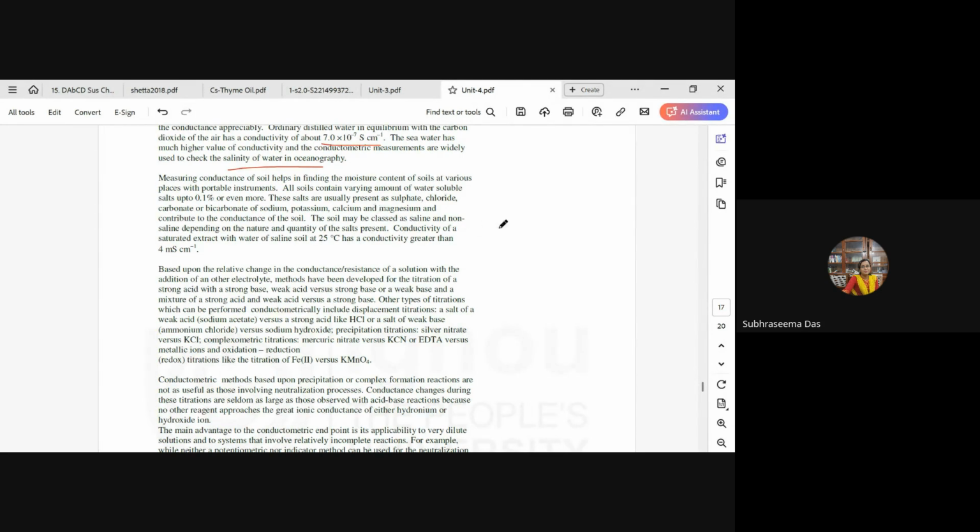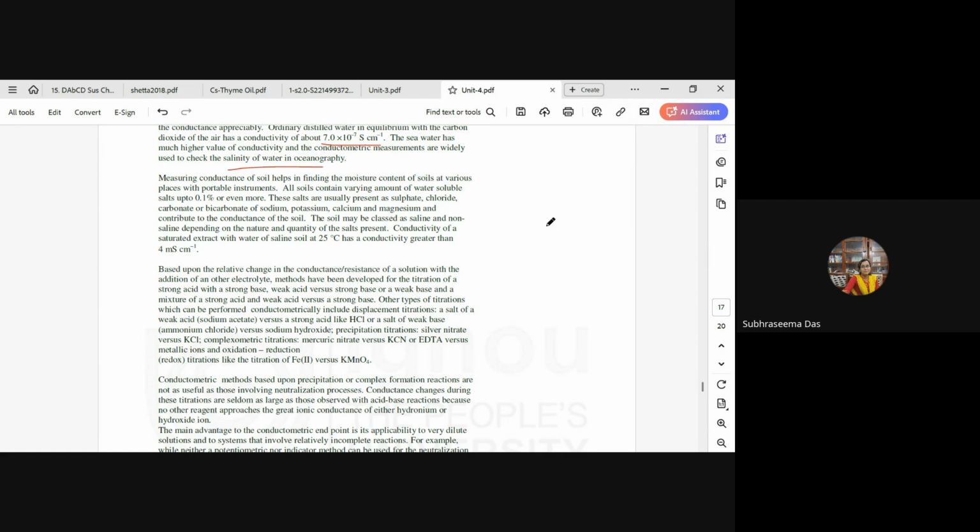These salts might be present in the form of sulfate, chloride, carbonate or bicarbonate of different metals such as sodium, potassium, calcium or magnesium, and because of the presence of these salts, the conductance of the soil becomes measurable. Accordingly, soils have been classified as saline and non-saline depending on the nature and quality of salts present.